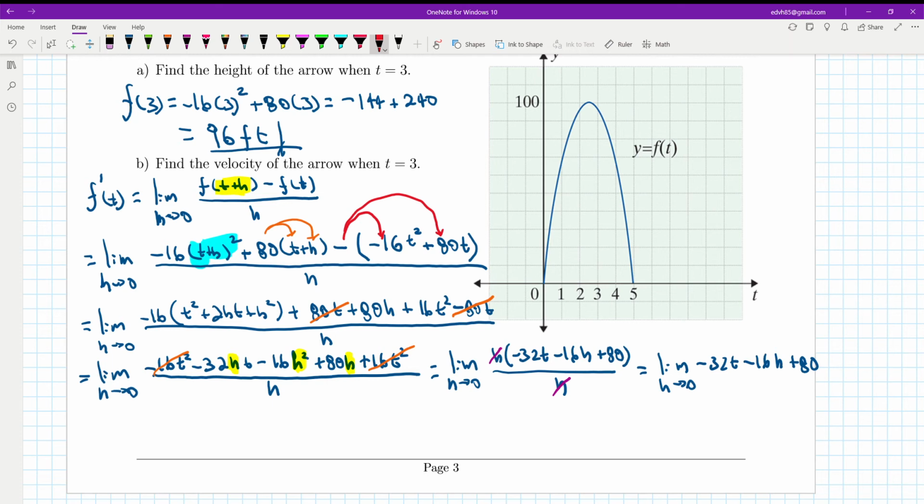However, the one we are going to make approach 0 is h. So this term goes to 0, and when we compute the limit, we are left with negative 32t plus 80. All right, so this is equal to f prime of t.